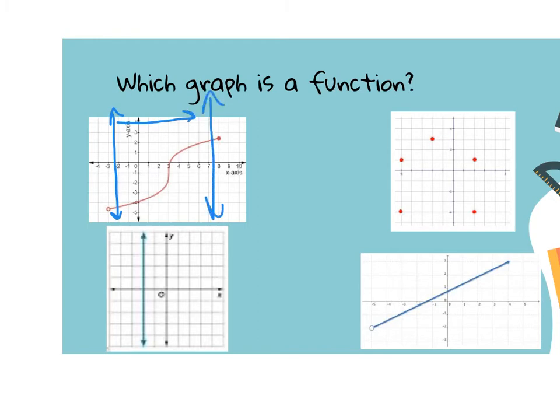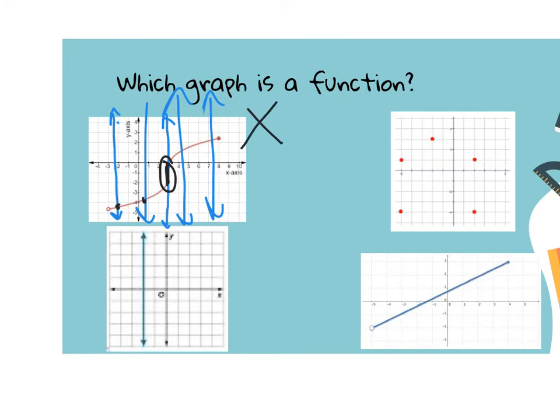If at any point on the graph you are touching the red line more than once, then it is not a function. So notice right here, on this point it's 1, this point it's 1, but right here it is more than 1 point right there that you're touching the graph. So this one is not a function.